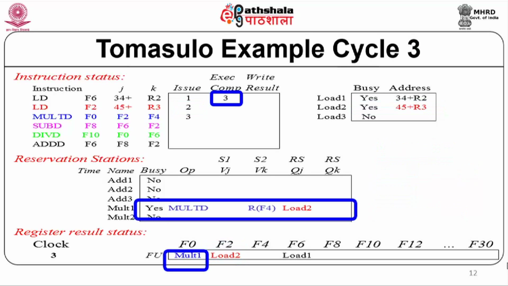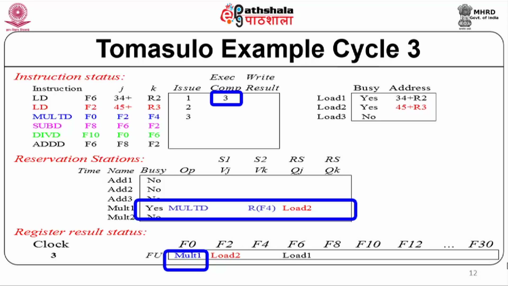During the third clock cycle, the third instruction, which is your mull instruction, is being issued. You have your multiplier mult1 reservation station entry, and it has become busy now. The operation is multiplication, and there are 2 operands for it.